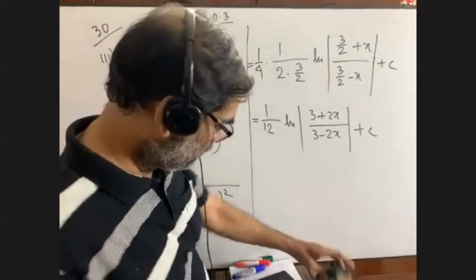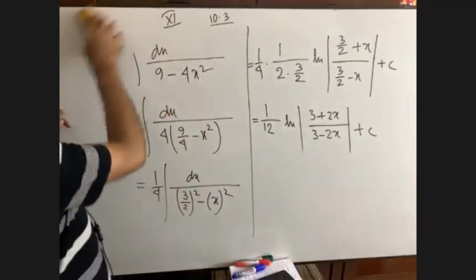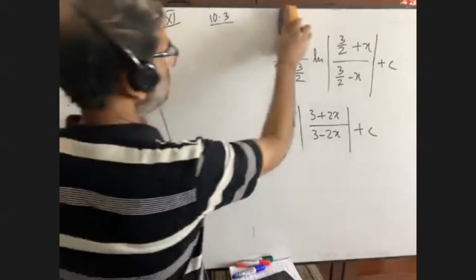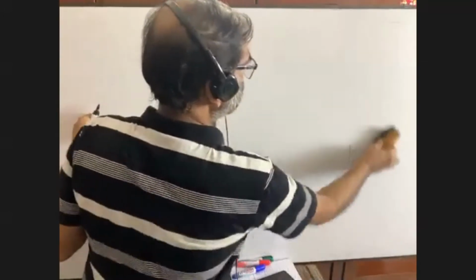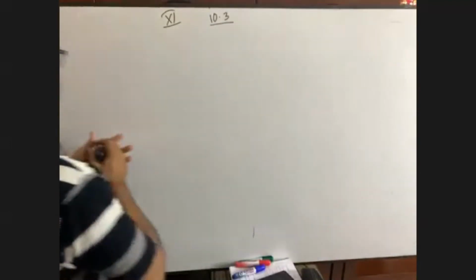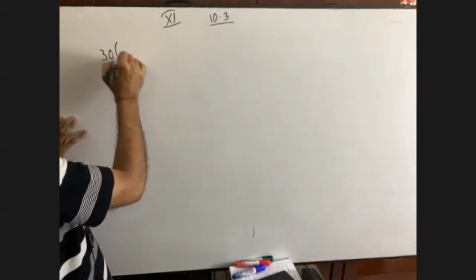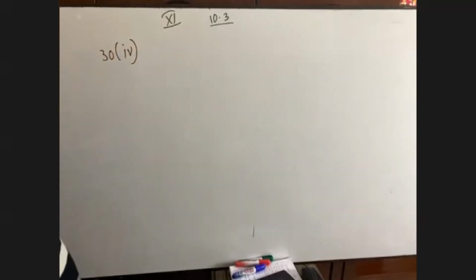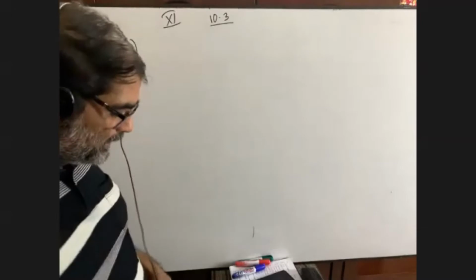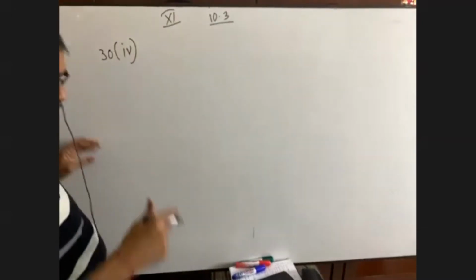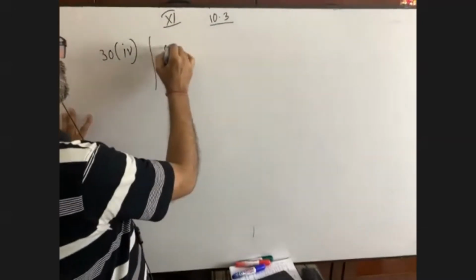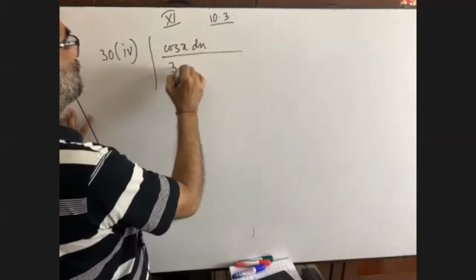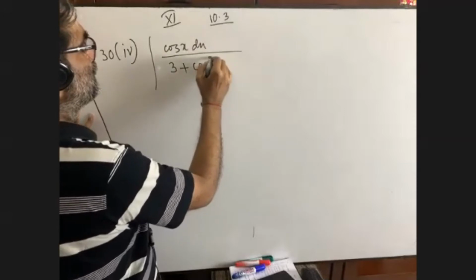That is question number 4 of 30. It is cos x dx by 3 plus cos square x.